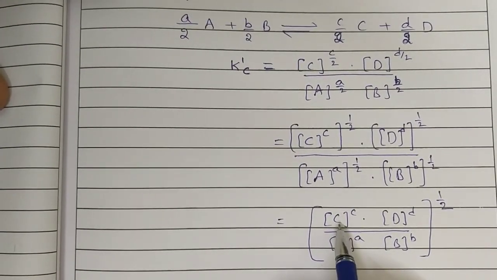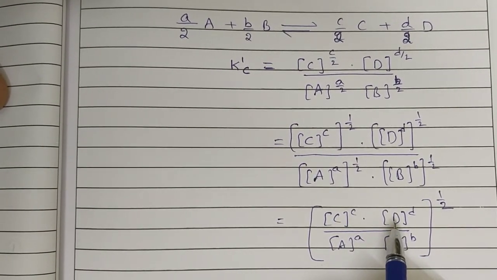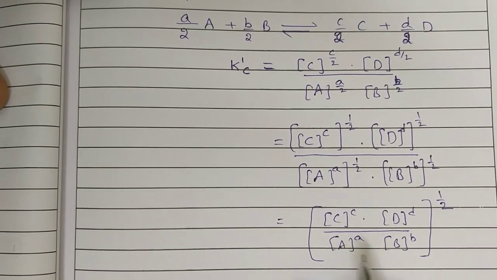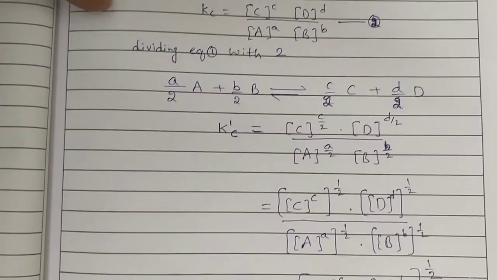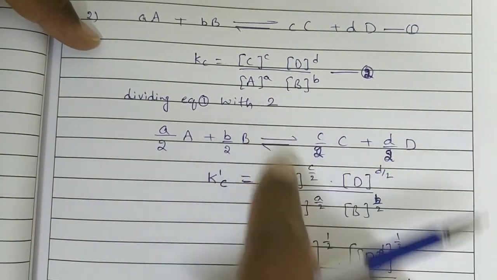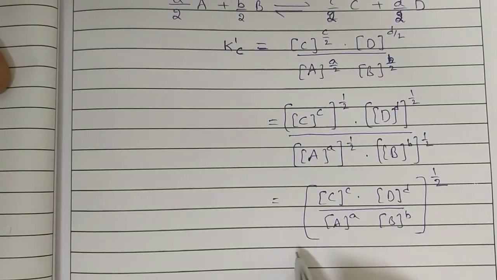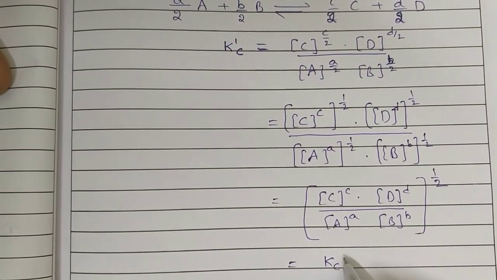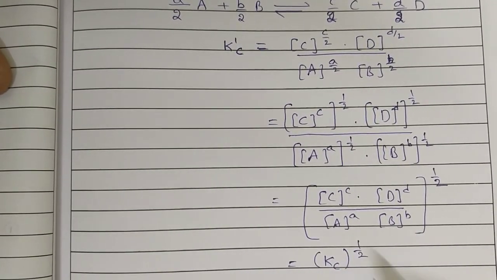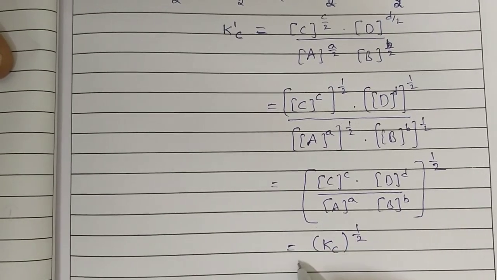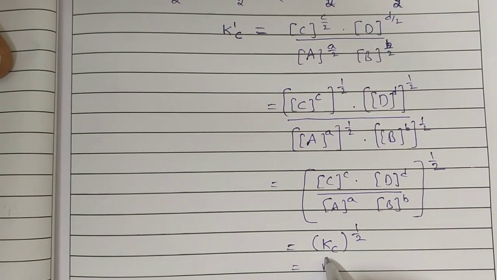Observe, concentration of C power c into concentration of D power d divided by concentration of A power a into concentration of B power b is called Kc from equation 2. So this is equal to Kc power 1 by 2. Anything power 1 by 2 we can write as root.